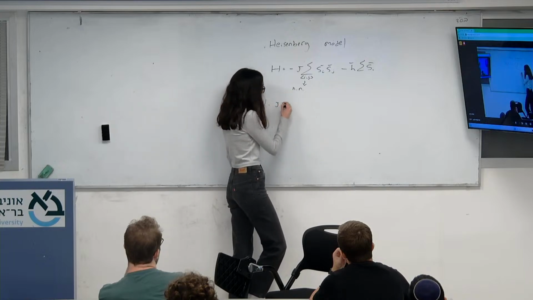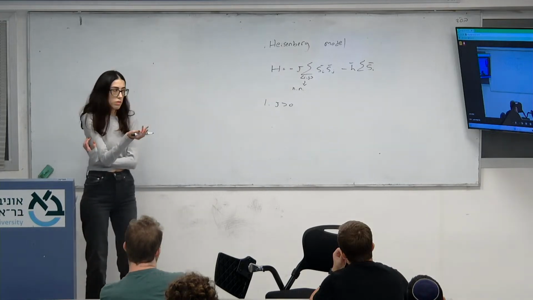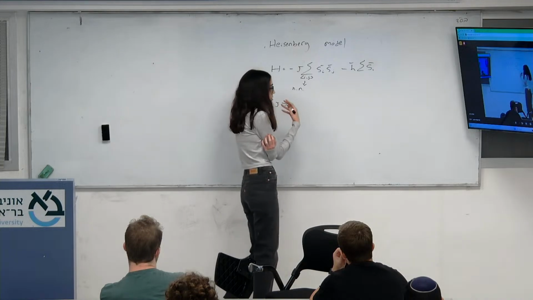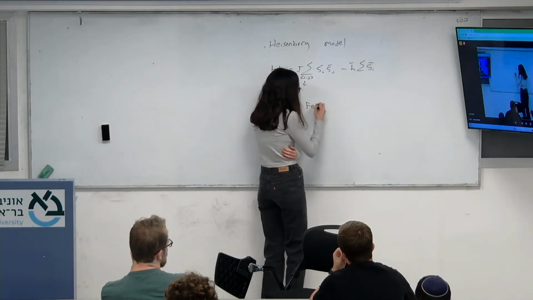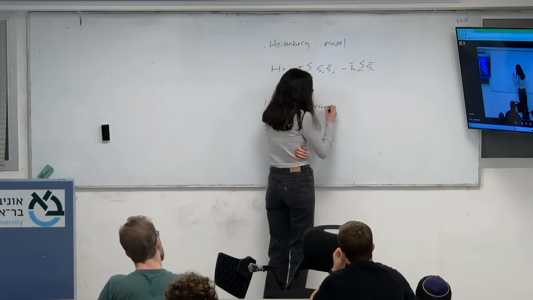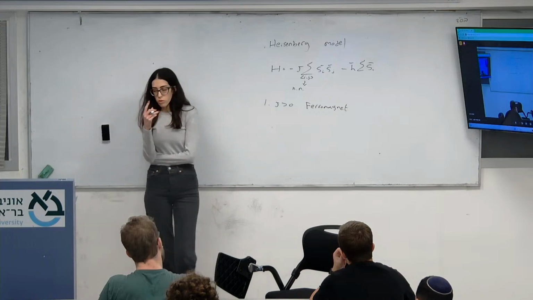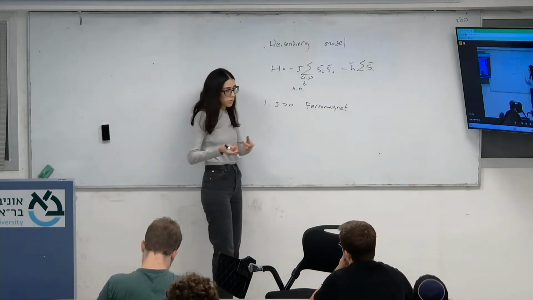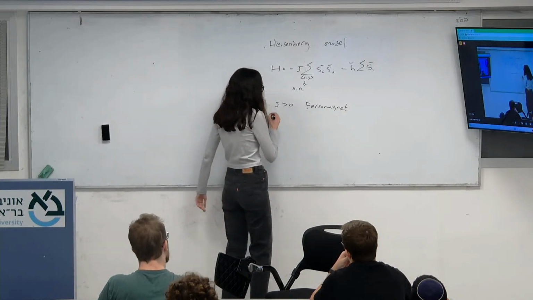If J is a positive number, so we have a positive coupling, it means that we have a ferromagnet. This is like the classical model. So that means that we want to minimize the energy, because we have a minus, we want all of the spins to align in the same direction, which makes sense.